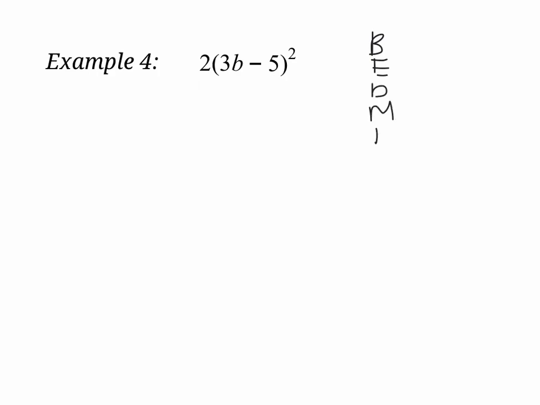BEDMAS. Okay. So when we're simplifying something, we have to follow the order of BEDMAS. So we have to do brackets first, nothing to do in the brackets. Then we've got to do exponents, and all the way down here is multiplication. So here's exponents and here's multiplication. So if I multiply this in, I'm totally missing the exponent part. I have to deal with this exponent first.